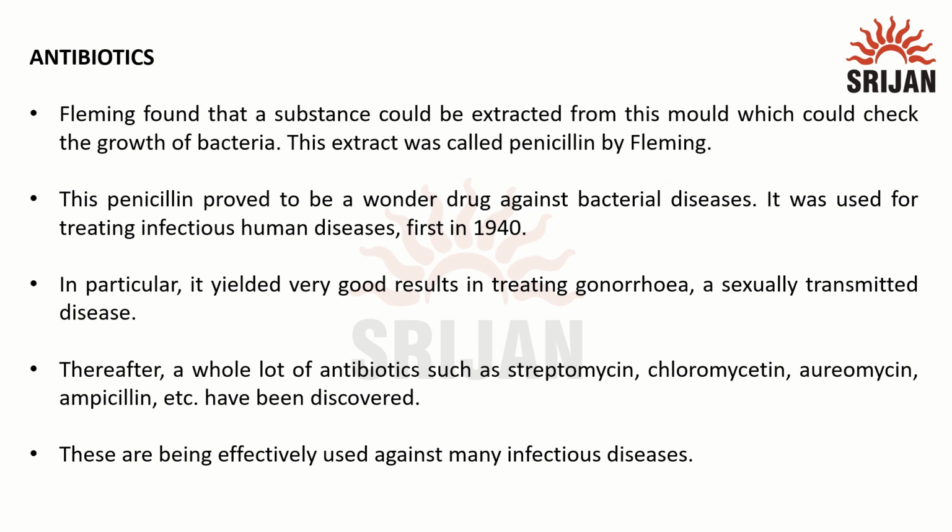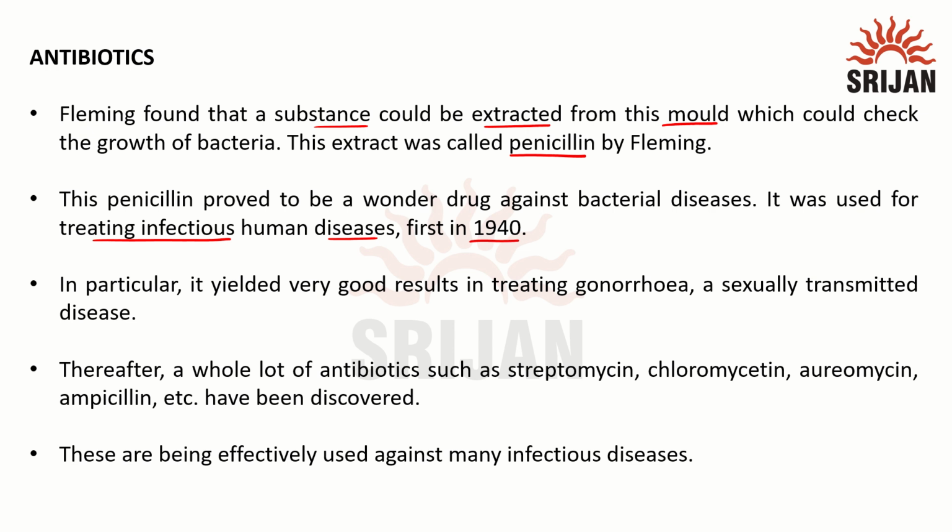Now Fleming found that the substance could be extracted from this mold and could prevent the growth of the bacteria, and such extract he named penicillin. This penicillin proved to be a wonder drug during the World War. It was used for treating infectious human diseases in 1940.